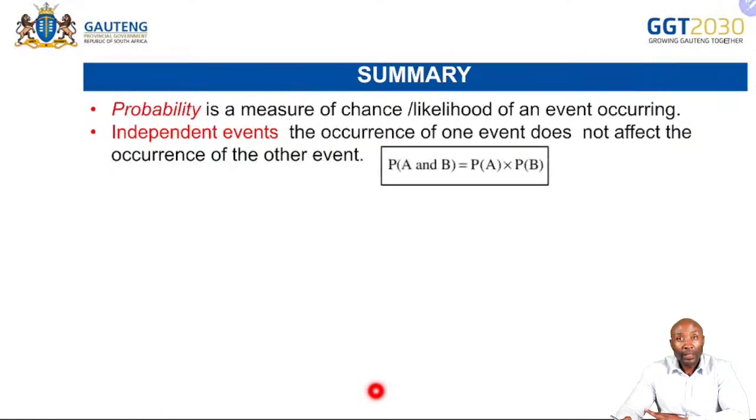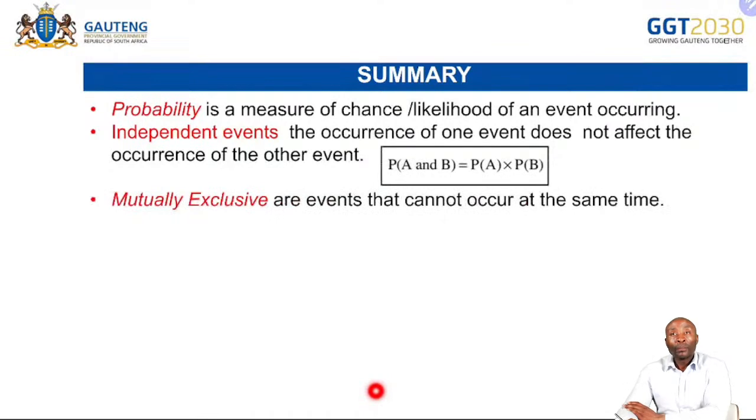And the formula for independence: the probability of A and B is equal to the product of the probability of A and the probability of B. Mutually exclusive events are events that cannot occur at the same time, and we know that mutually exclusive events cannot be independent.